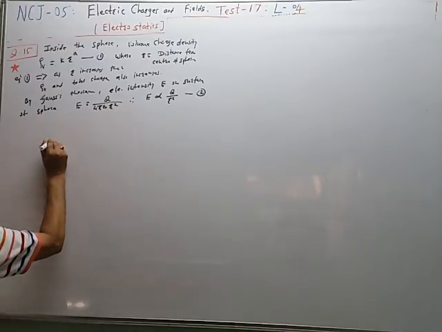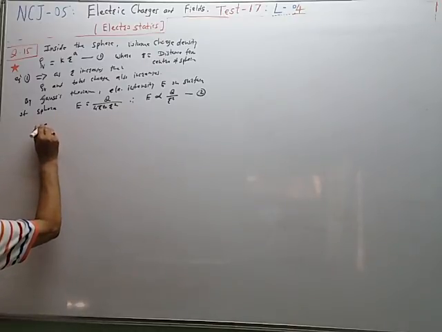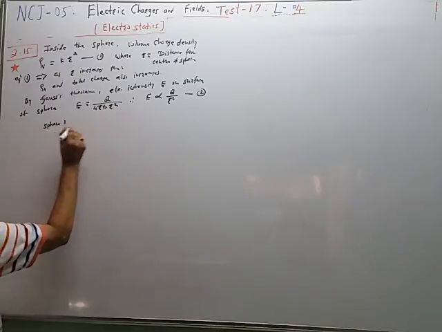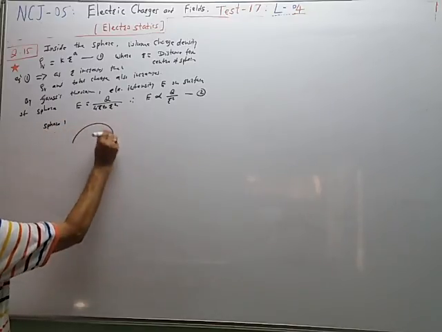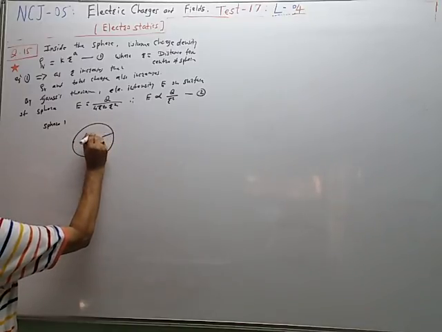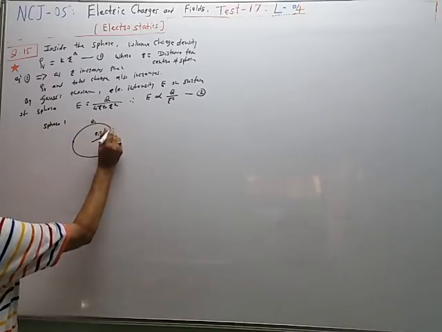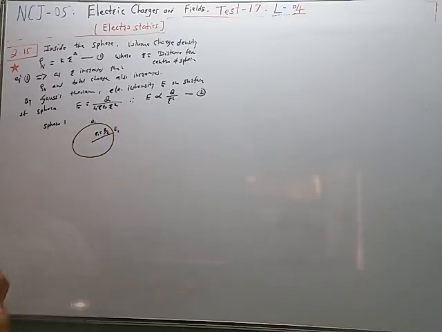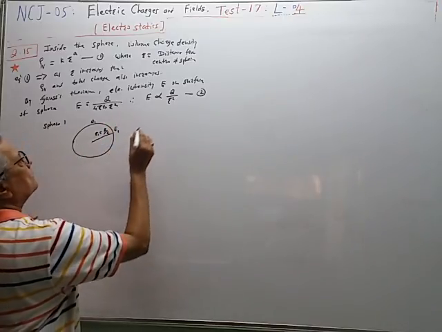So, these are the two spheres. Sphere 1 whose radius is R1 equal to R by 2, the charge is Q1, and the electric intensity is E1 at any point.